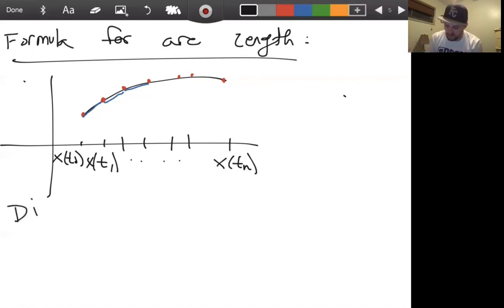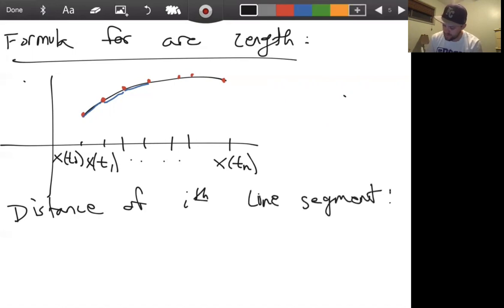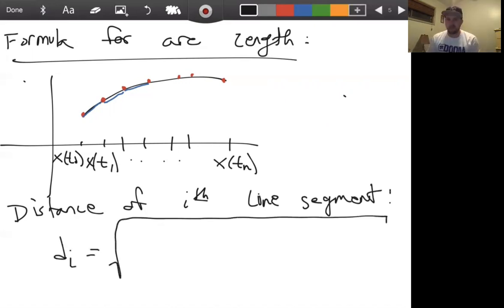So we can find distance of the ith line segment, we'll denote it as d sub i, and the distance formula tells you you take the difference of the x coordinate, and so in this case it's going to be x of ti minus x of ti minus 1 squared plus, and then the difference in the y coordinates squared.